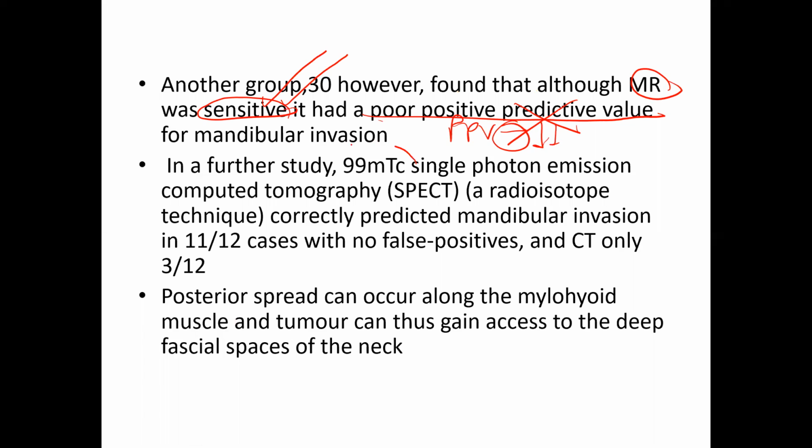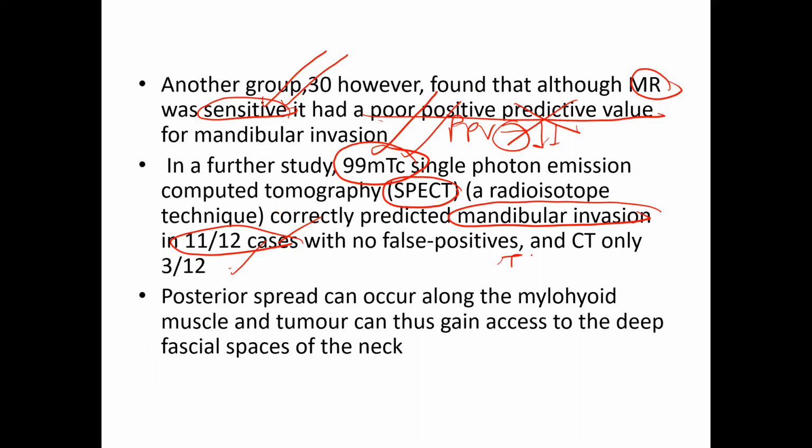One more study has shown that technetium 99m SPECT, single photon emission computerized tomography, predicted mandibular invasion in most of the cases, whereas CT scan predicted only 3 out of 12 cases according to the experiment.